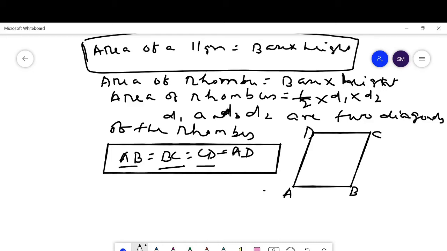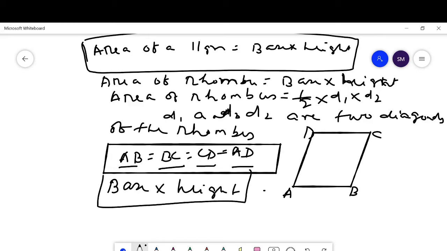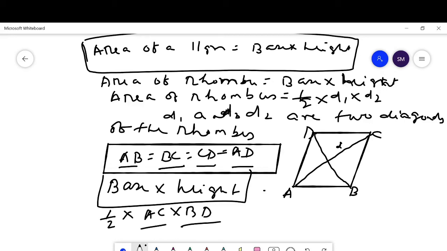Then the area of a rhombus is base into height. Another formula is half into D1 into D2, where D1 and D2 are the two diagonals. Here in rhombus ABCD, the area is half into AC into BD, where AC and BD are the two diagonals of the rhombus.